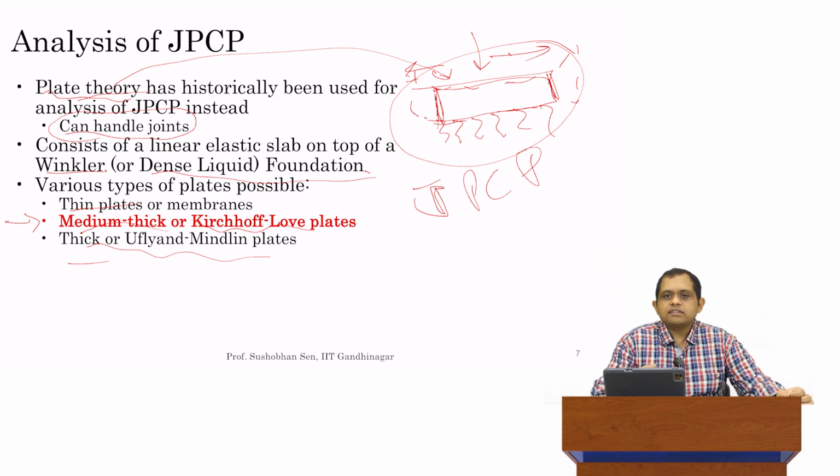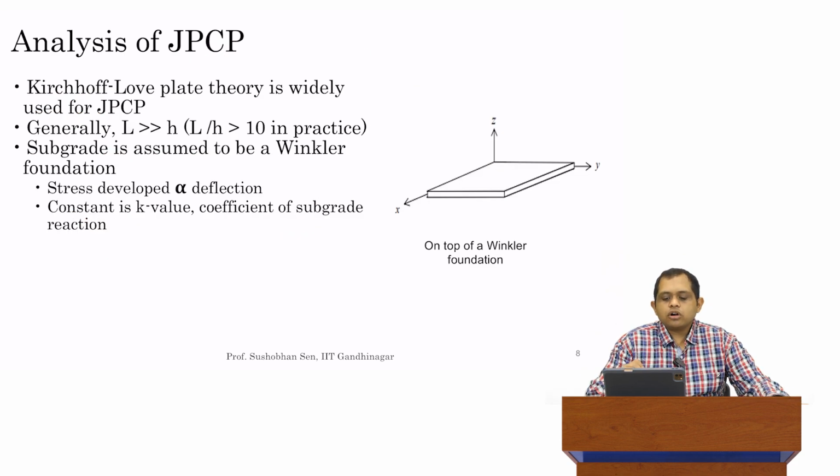So that's why I've highlighted this in red. Among these three types of plate theories, and there are some variations within them also, it is the Kirchhoff-Love plates which we really use to model rigid pavements. So let's talk a little bit about this Kirchhoff-Love plate theory.